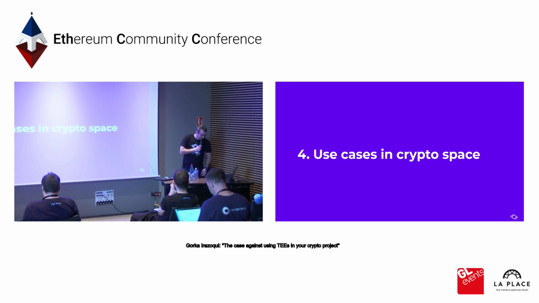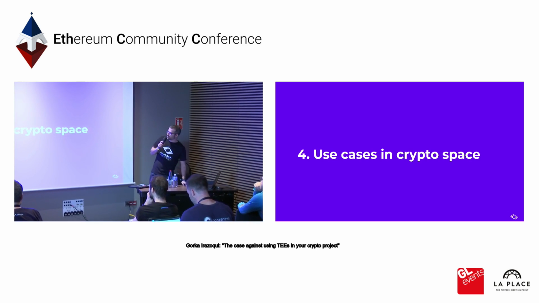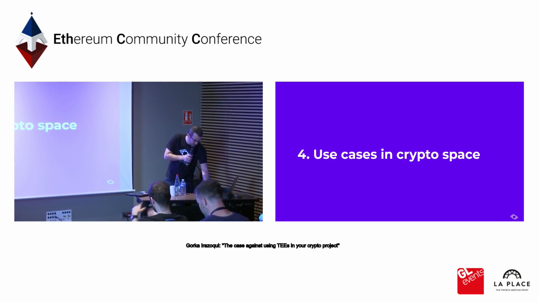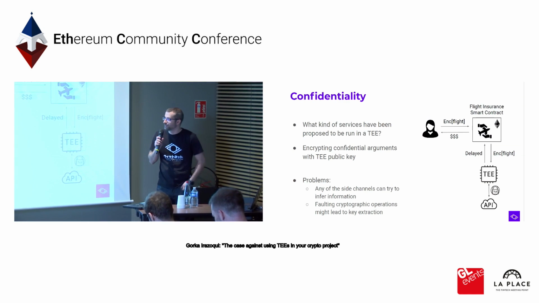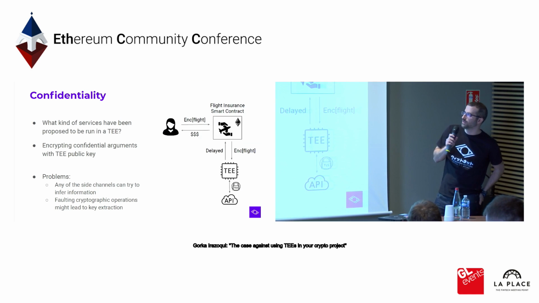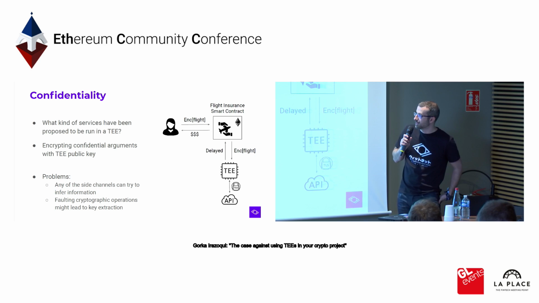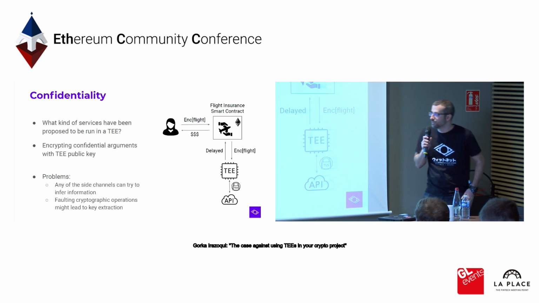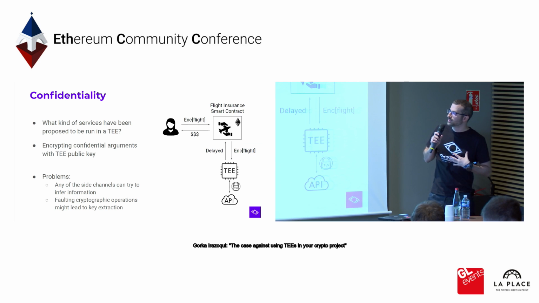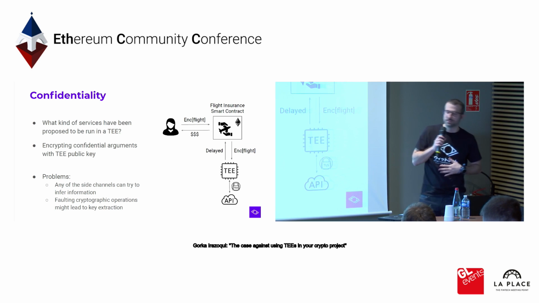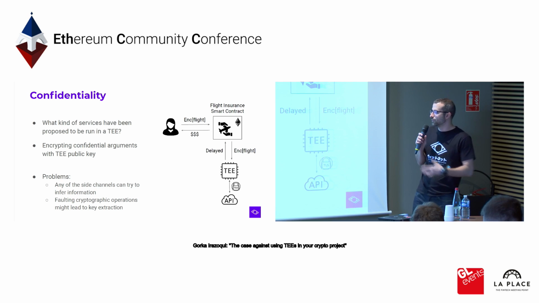Okay, let's continue with some use cases in the crypto space that I'm pretty sure some of us already know. The first one is about confidentiality. The idea is that if we can create an asymmetric key in a TEE, we could use it to send, for example, private inputs to a smart contract that only the TEE can decrypt.